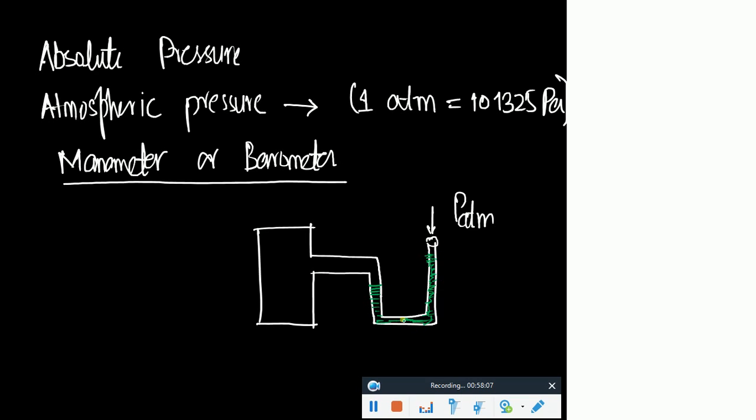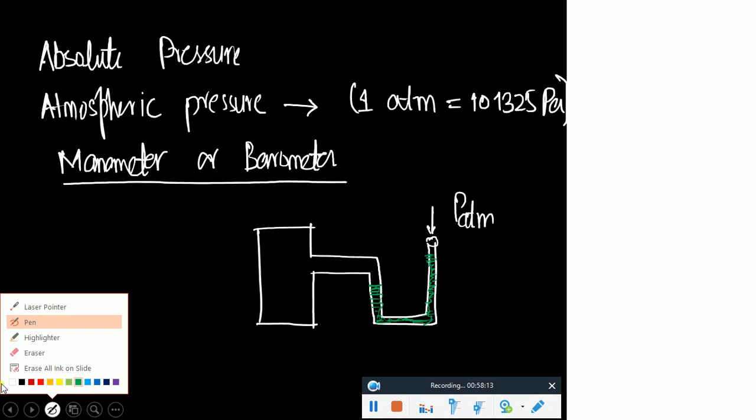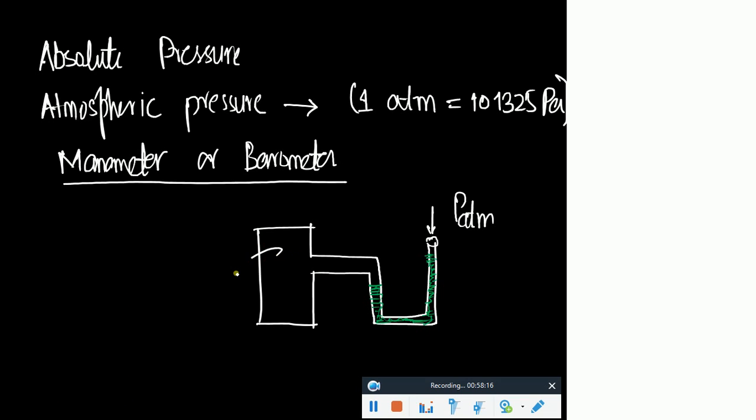I mean, this is the column of that liquid which is over there, right? And this gas is basically at a uniform pressure of P2, for example, right? And obviously I would say that this P2 is being taken as P absolute, you can say.